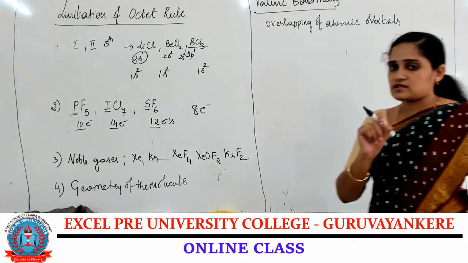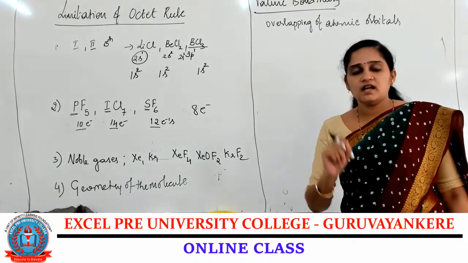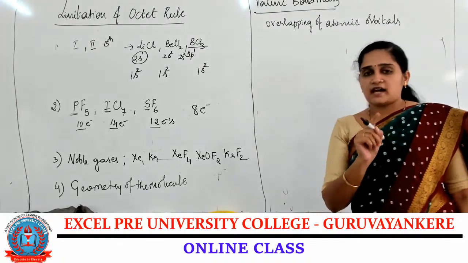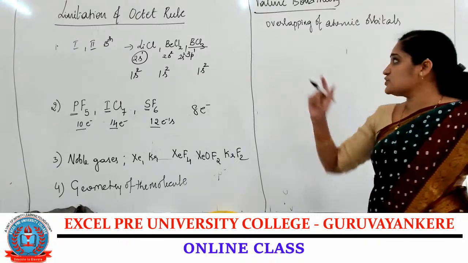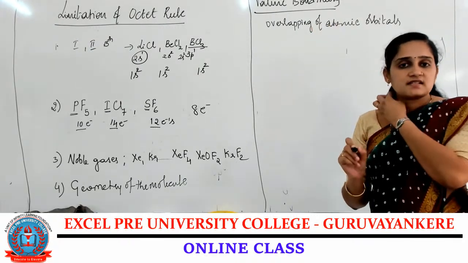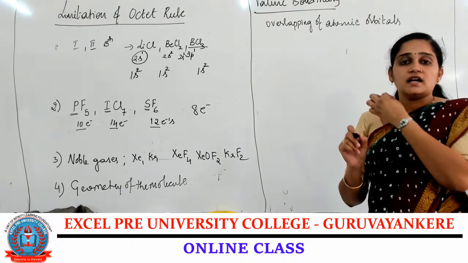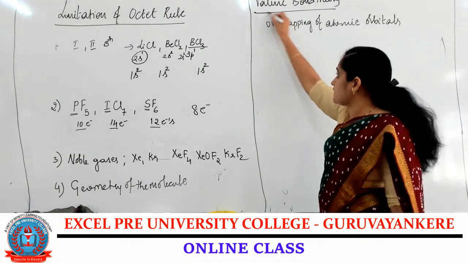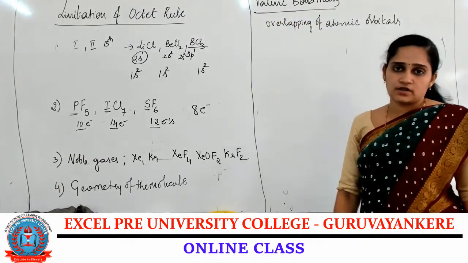Bare electrons alone do not represent it, a bond is formed between the elements. So that bond formation is explained using the valence bond theory. Only the electrons present in the valence shell are involved in bond formation, so it is called valence bond theory.